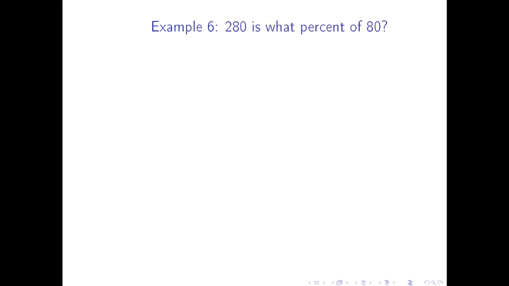All right, what about this one? 280 is what percent of 80? So I want you to pause the video and figure out what that percent is. Go ahead. Now, remember, as I've said, in all of these problems I've done the last couple times, it's is over of. Don't just automatically take the big number and put it on the bottom.